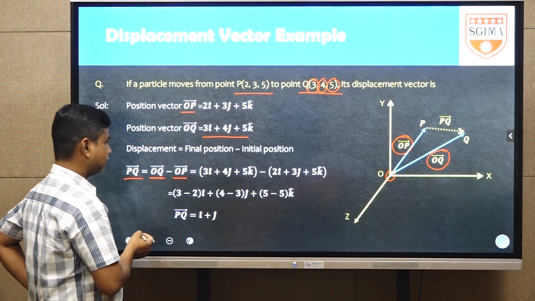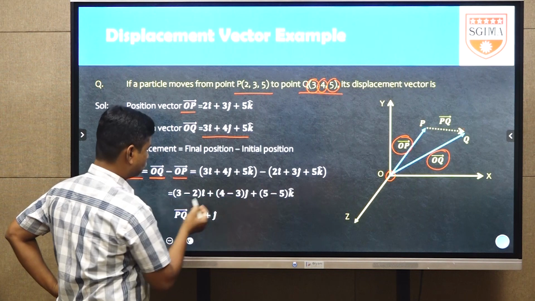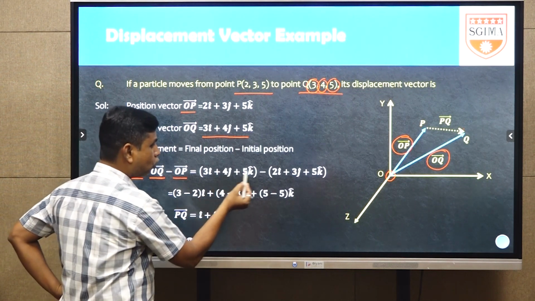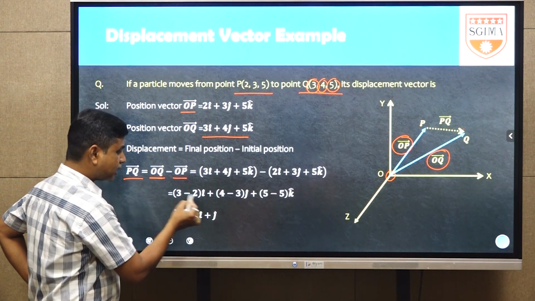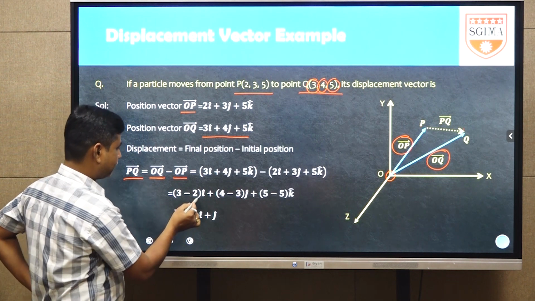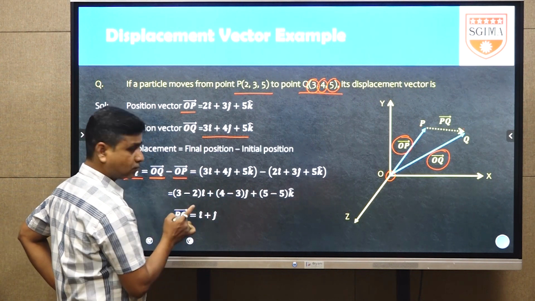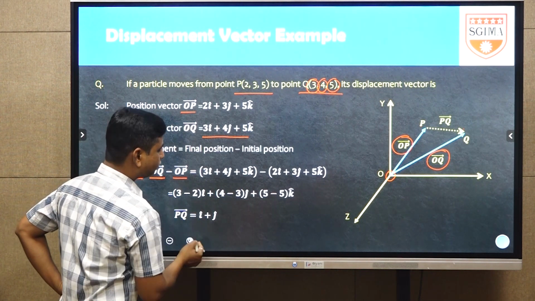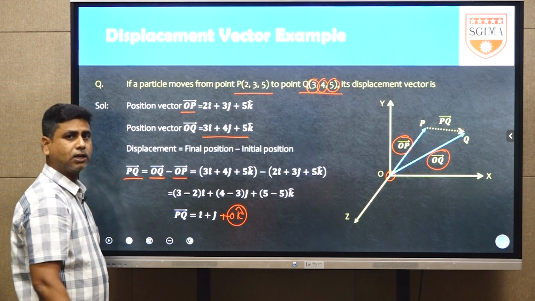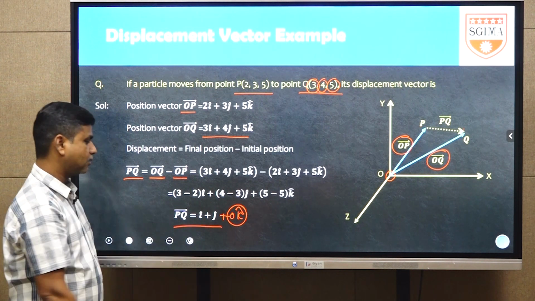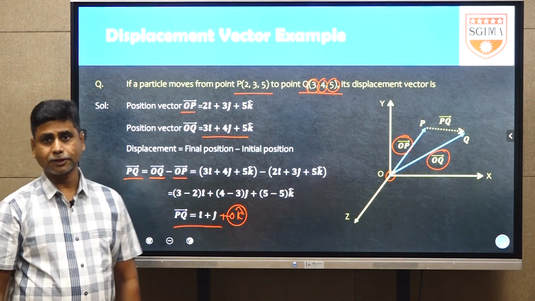For i cap, 3 minus 2 is 1, so 1 i cap. 4 minus 3 is 1, so 1 j cap. 5 minus 5 is 0, so plus 0 k cap, which you can leave out. The answer is PQ bar equal to i cap plus j cap. Thank you.